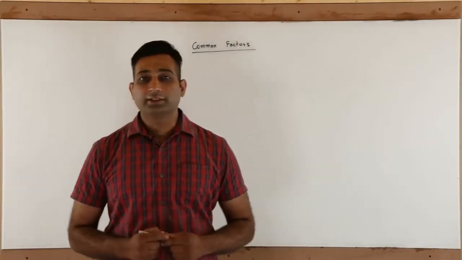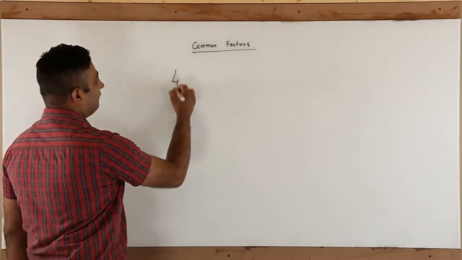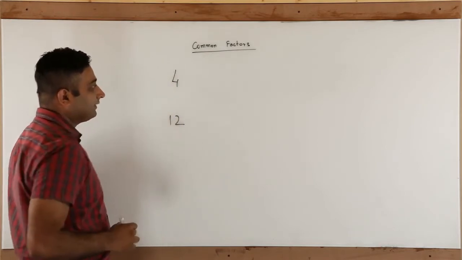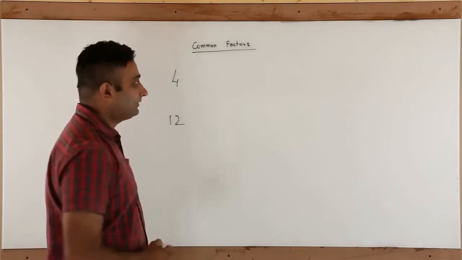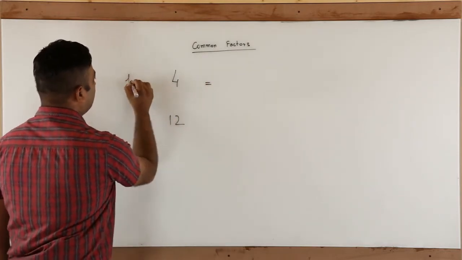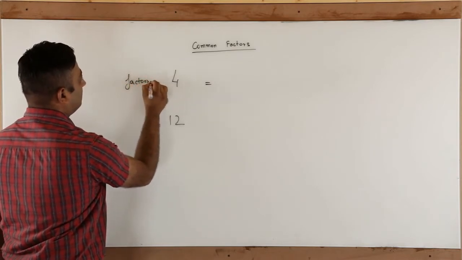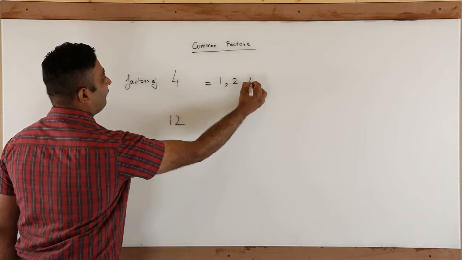Dear students, now let us understand about the common factors and the common multiples. Let us consider two numbers 4 and 12. And let us try to find out their common factors. The factors of 4 are 1, 2 and 4.